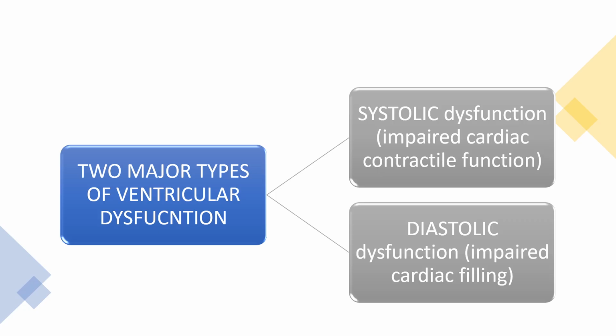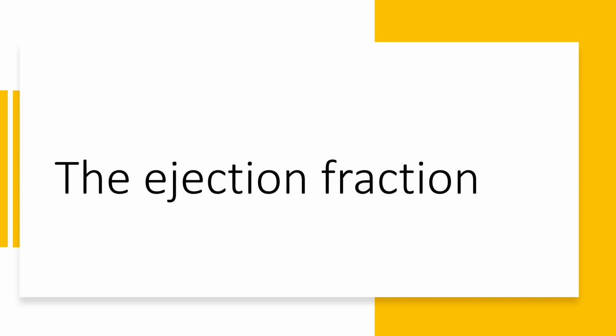This brings the notion of ejection fraction. And it is important to understand what is ejection fraction, how it is calculated, and how it can differ in systolic dysfunction and diastolic dysfunction. So now let us expand on what is ejection fraction.